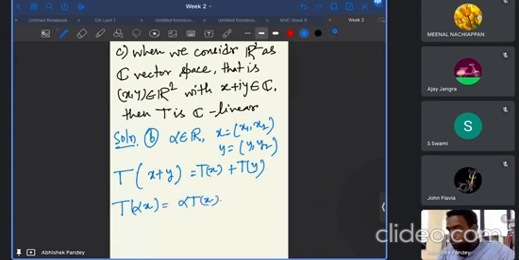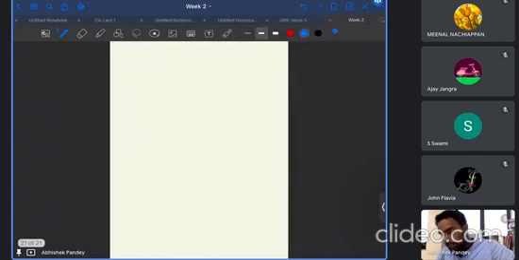So this you can check, and in fact T is R linear. Now what about C linearity?